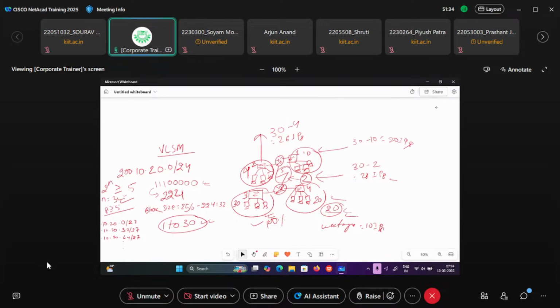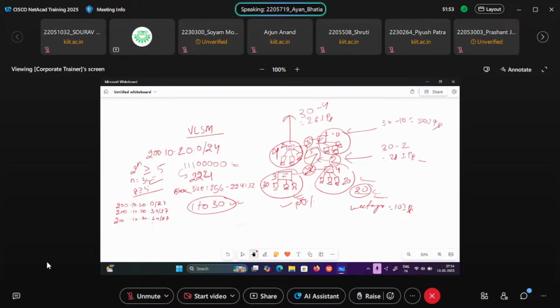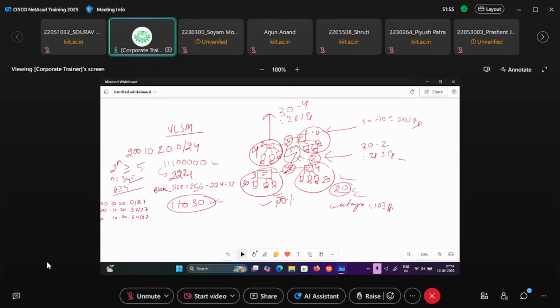No doubt, without subnetting thousands of IPs will be wasted, or if you use class C, then more than hundreds of IPs will be wasted. We have used subnetting and minimized the wastage, but after using subnetting, still lots of IPs are getting wasted in these conditions.